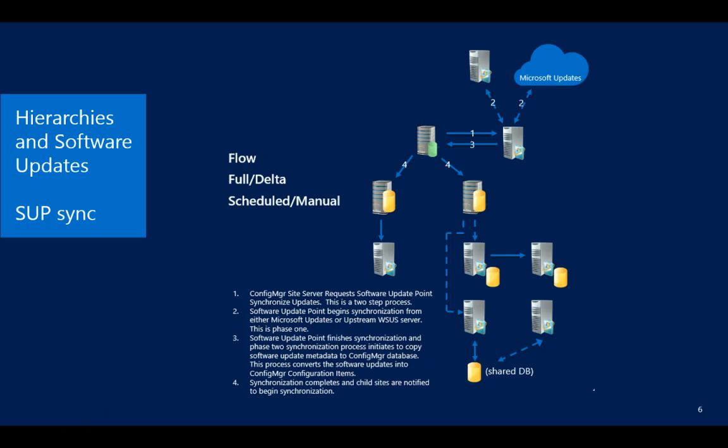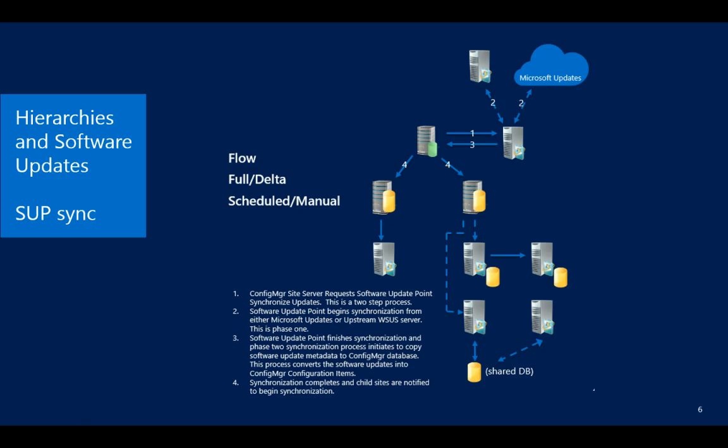In terms of software update point synchronization, I'm not going to dive into the weeds because we covered this in a previous session. But this is a diagram that I used in a previous session that simply illustrates the general process by which software update information is synchronized. The CAS makes a request to the software update point WSUS server.